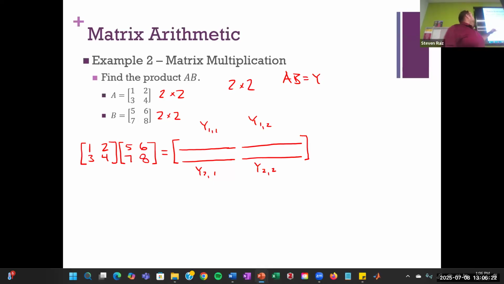If I want to get the value of Y11, row 1, column 1, that comes from multiplying row 1 of this left-hand matrix by column 1 of the right-hand matrix. And we basically go component by component, kind of like you would a dot product. So this first entry is going to be 1 times 5 plus 2 times 7.